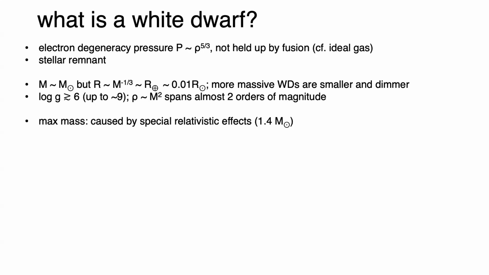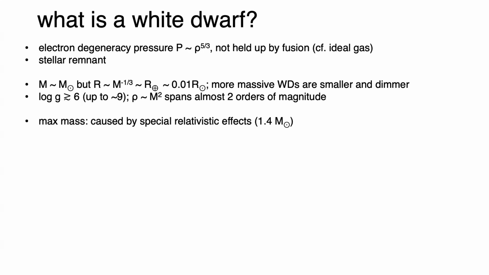One crucial property is that more massive white dwarfs are actually smaller. It scales a little bit weakly, but still importantly, R goes as M to the minus a third. As a result, white dwarfs which are more massive are dimmer.